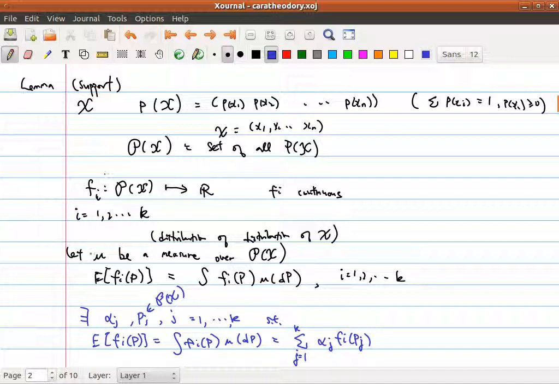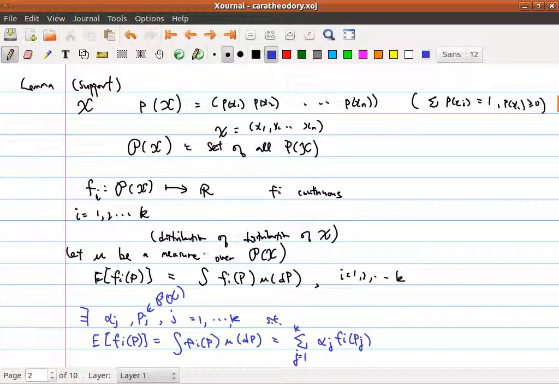Now, if I think of mu as a measure over P_X, just think of mu as a distribution of X, and I compute the expected value of its f_i given the distribution of this measure, given the distribution of X. I assume this is fixed to be this expected value, so this is equal to this integral f_i(p) mu(dp).